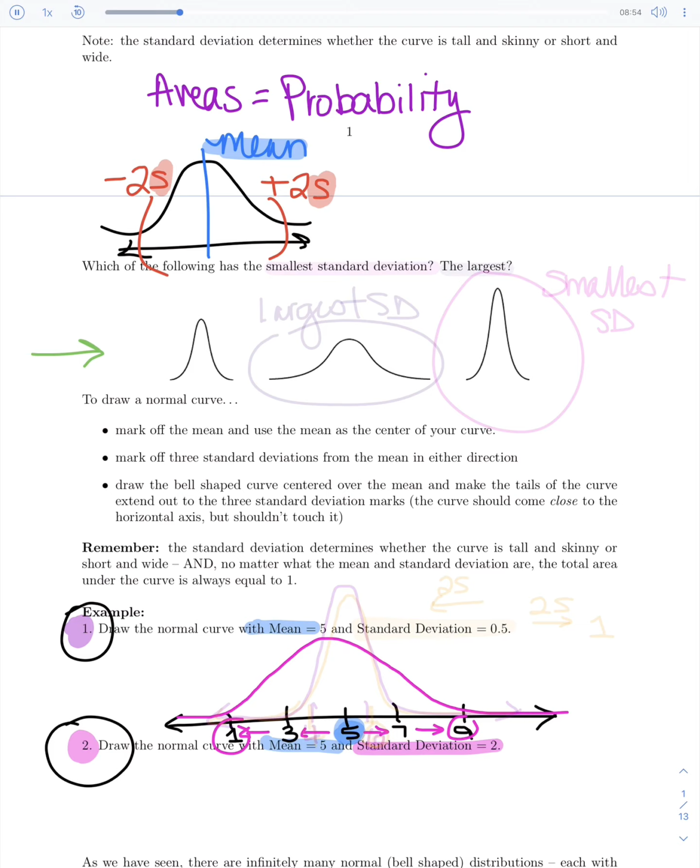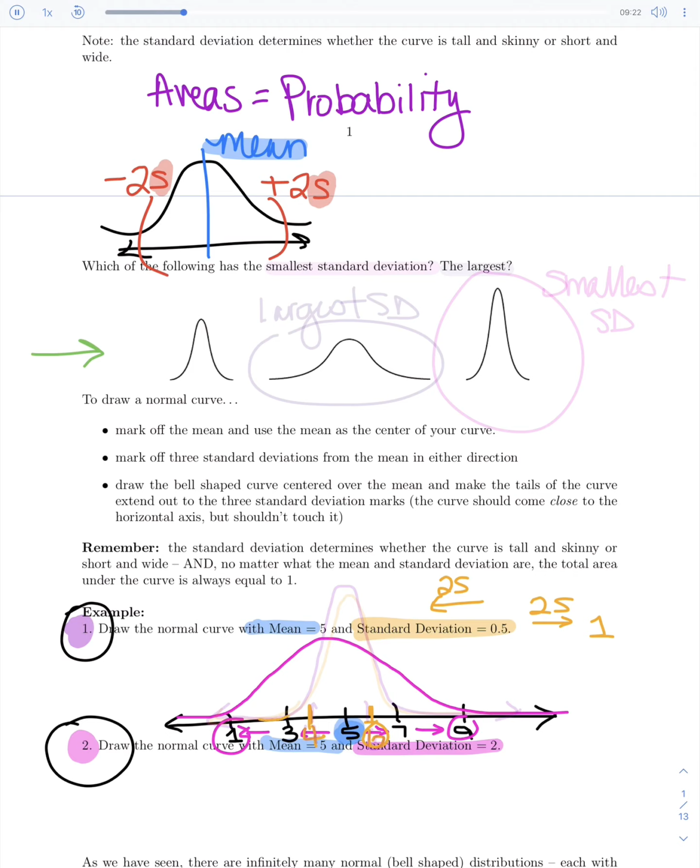So a standard deviation of a half means that going out 2 standard deviations to the right would actually mean going out 1 unit, because a half twice would be 1, which means I'd go out to 6 on one side, and going out 2 standard deviations on the other end would mean I'd go out to 4.